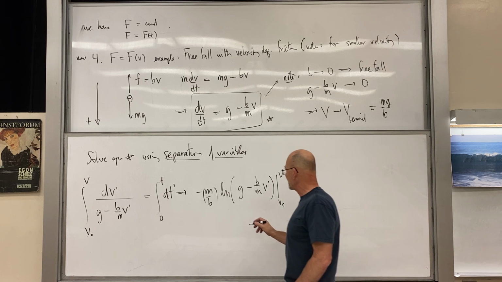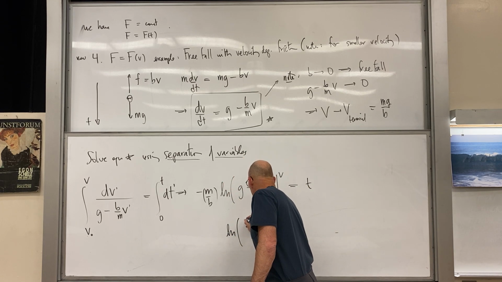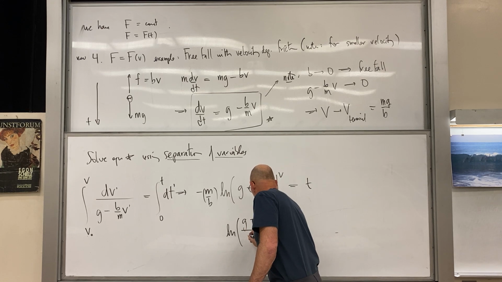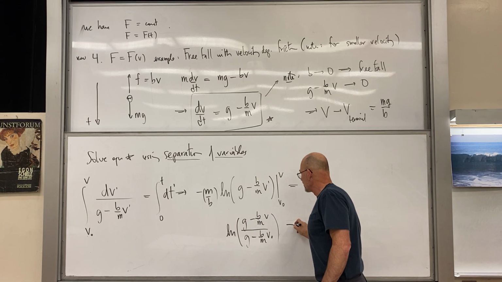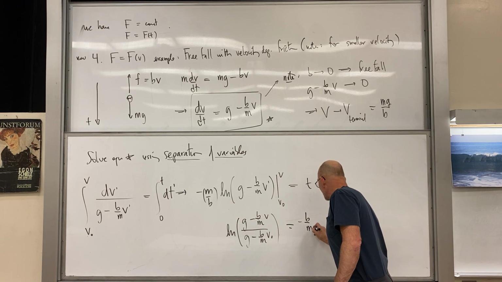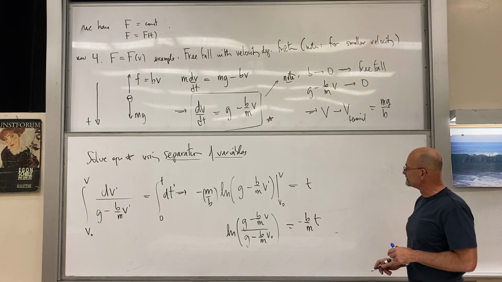We can also write natural log of g minus b over m v divided by g minus b over m v0 equals, and then we'll take this over to the right side, minus b divided by m times t, and then we can exponentiate.